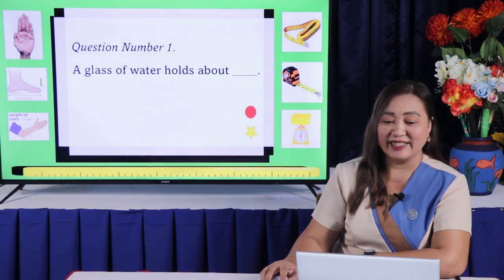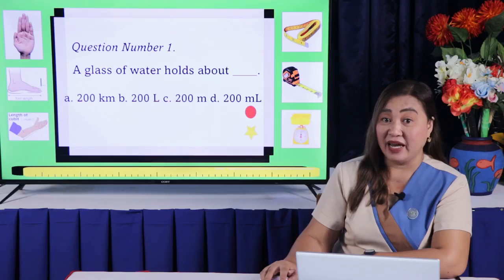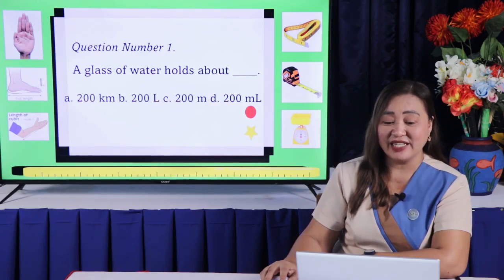Question number 1. A glass of water holds about blank. A. 200 kilometers. B. 200 liters. C. 200 meters. D. 200 milliliters. Again, a glass of water holds about blank.